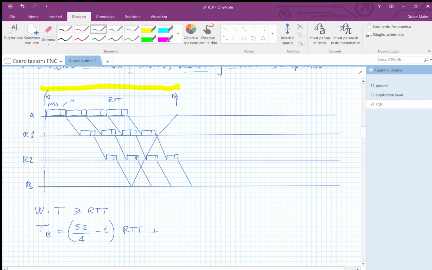So after this quantity here, we have to look at what happens in the last repetition. Imagine that this is the last window that is transmitted. We have to wait for the arrival of the last acknowledgement.